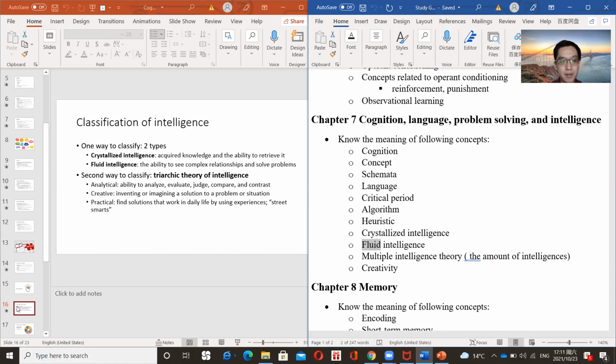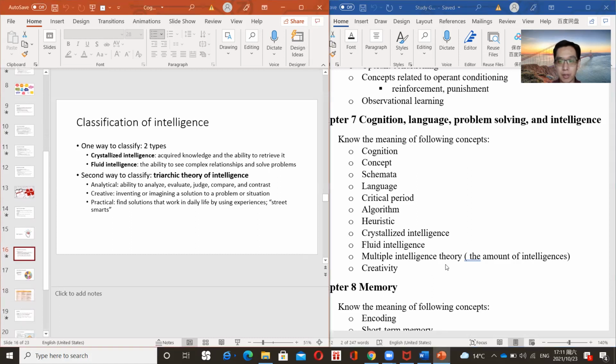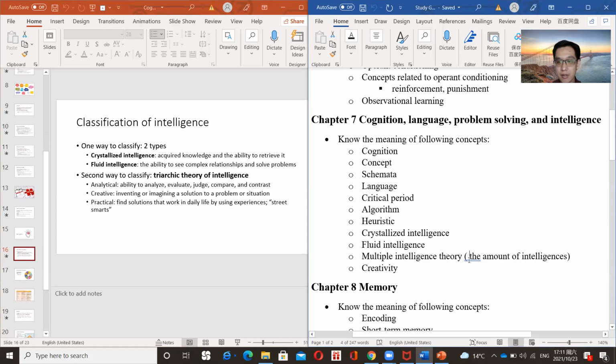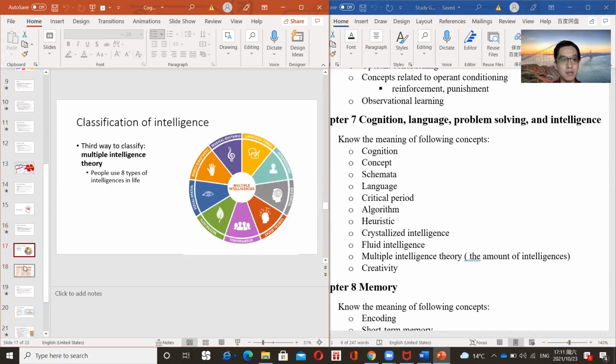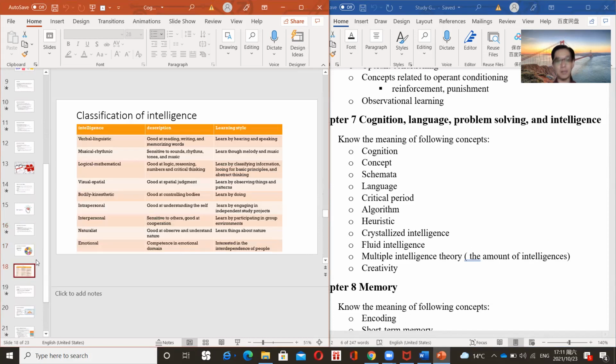And another thing that we need to know about is multiple intelligence theory. We need to know how many types there are in this theory. In multiple intelligence theory, there are 8 types. We don't have to know each type particularly, or the names of each of the intelligences.